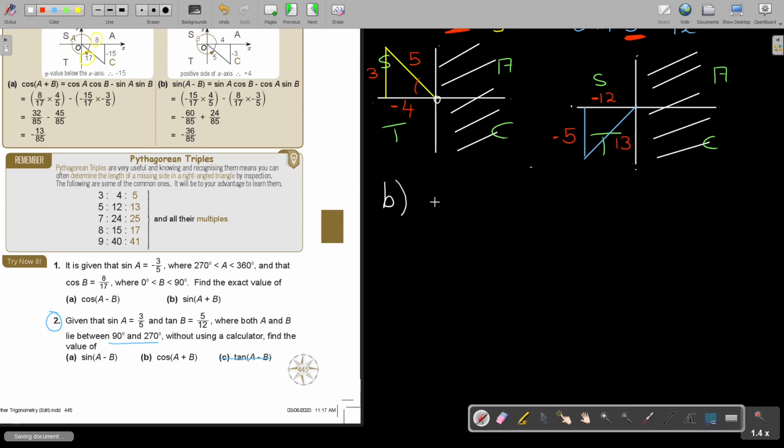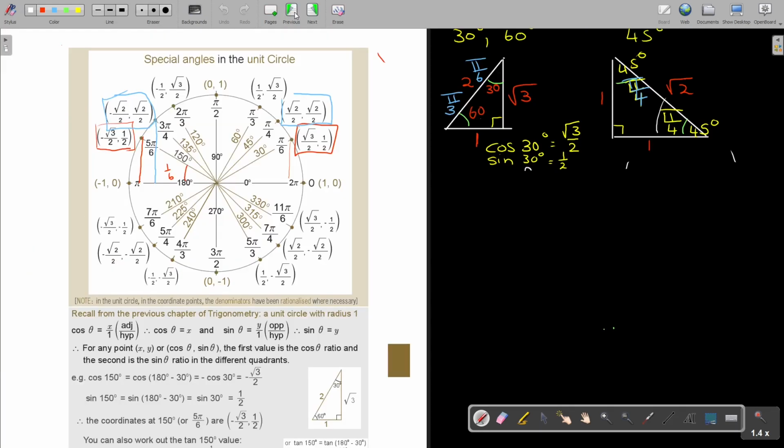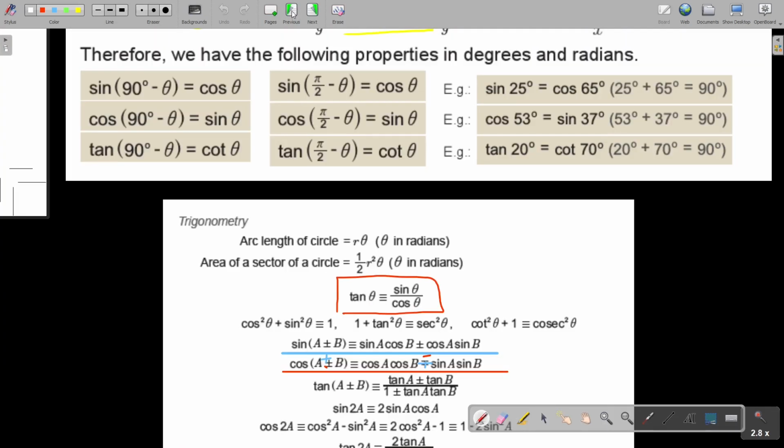Now, number B, it's cos of A plus B. And now don't forget it's cos. So meaning, if you have your formula sheet, and especially in these last 4 chapters, I will refer to it a lot. So cos, and in this case, it's A plus B. Do you see? Then if it's cos, it's the top row, so it's both cos and then minus, opposite signs, and sin.